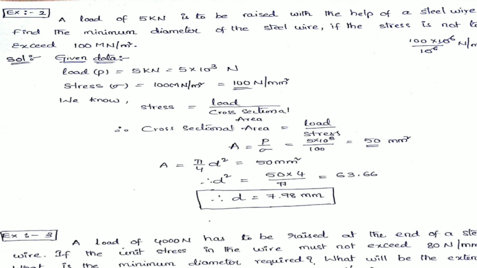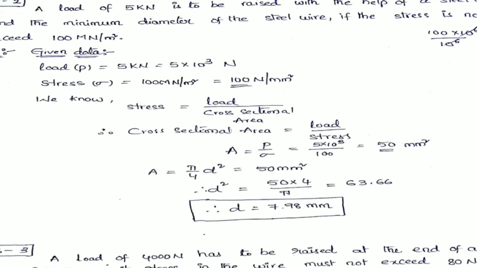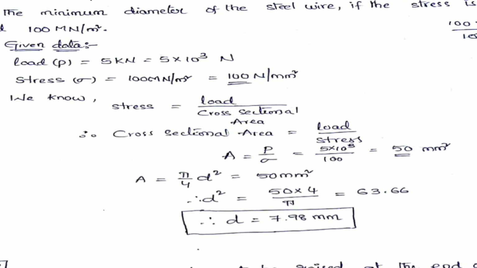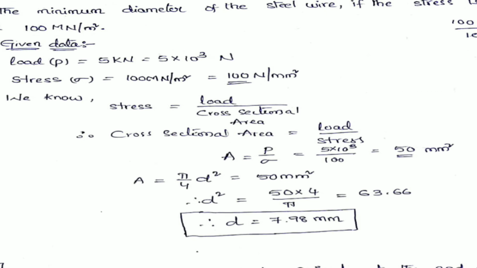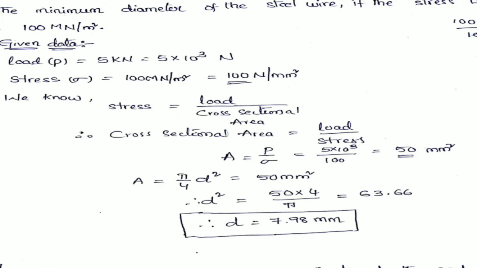Given load P is equal to 5 kilonewtons, which is 5 into 10 to the power of 3 newtons. Stress sigma is 100 MN per meter square, that means 100 Newton per mm square.